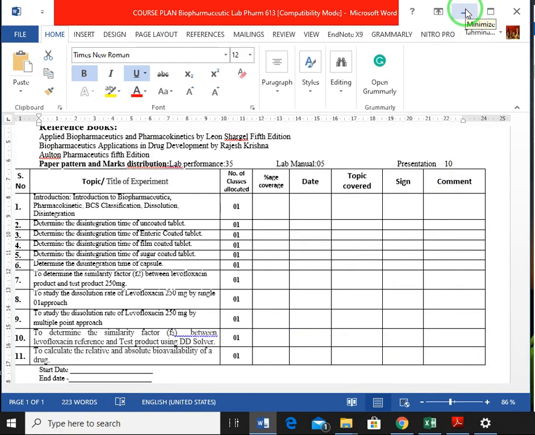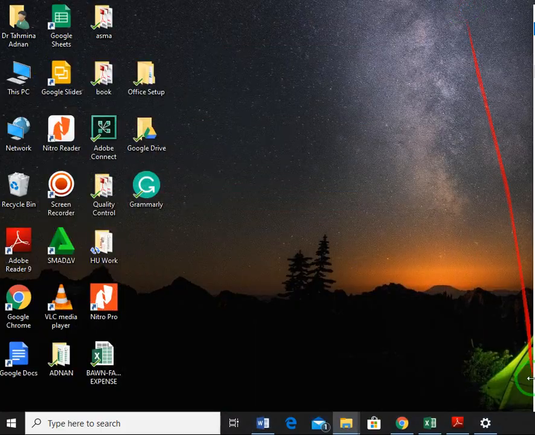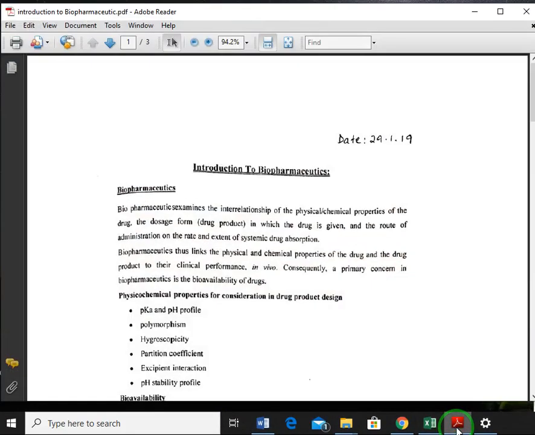But before going to the first experiment, it is necessary to know about the introduction of biopharmaceutics, as we have already learned in 611. What is biopharmaceutics?